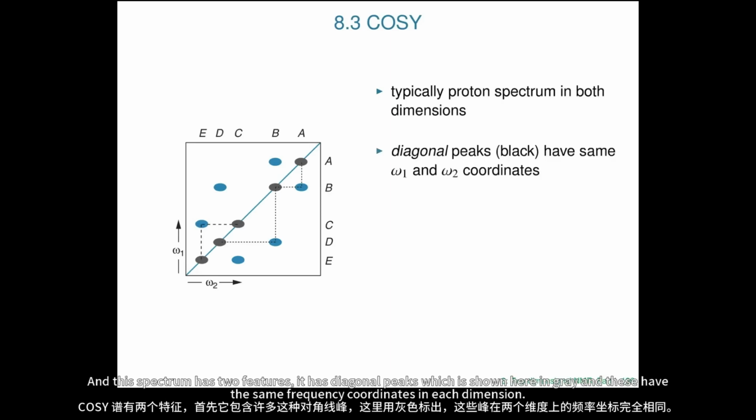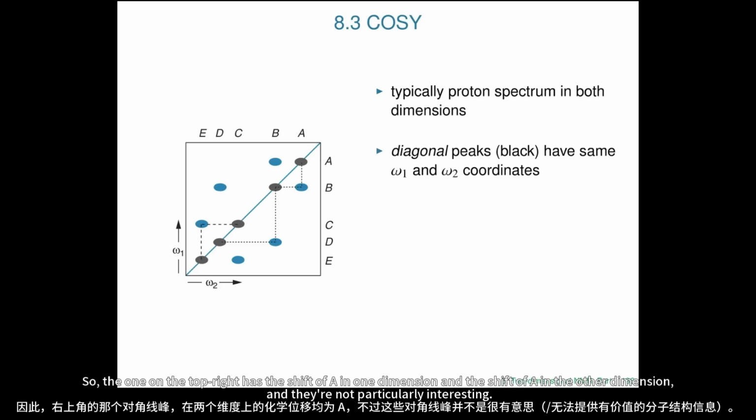And this spectrum has two features. It has diagonal peaks, which are shown here in grey, and these have the same frequency coordinates in each dimension. So the one on the top right has the shift of A in one dimension and the shift of A in the other dimension. And they're not particularly interesting.